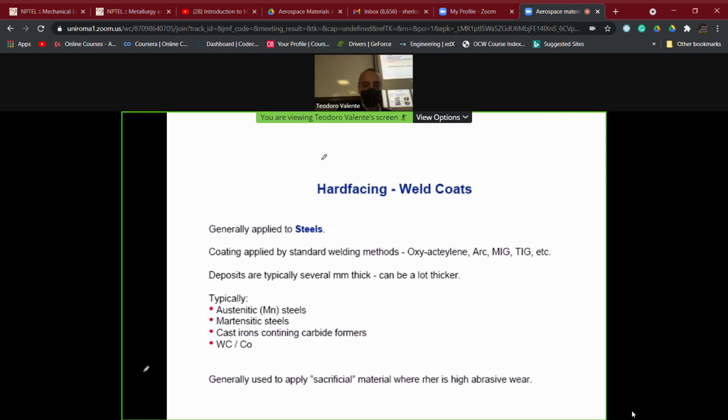layers on the surface in order to improve the hardness. Essentially they can be made by using manganese-based austenitic steels or martensitic steels, or in some cases ceramic materials, that is, materials which are made by a ceramic and metallic phase.